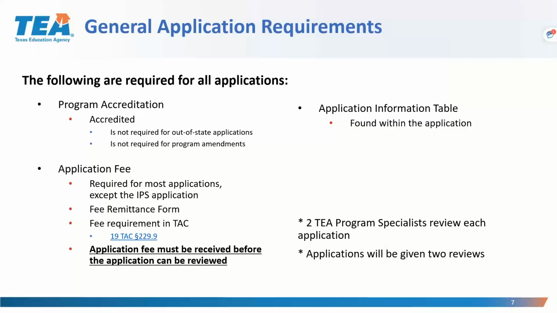After the initial review, the assigned program specialist will contact the application's primary contact regarding updates or corrections necessary for the application to be approved. If the application is not acceptable after the second review, the application will be denied. Applications that do not meet all requirements will not be approved. Now that we've gone through the general application requirements, let's see an example of the application information table.